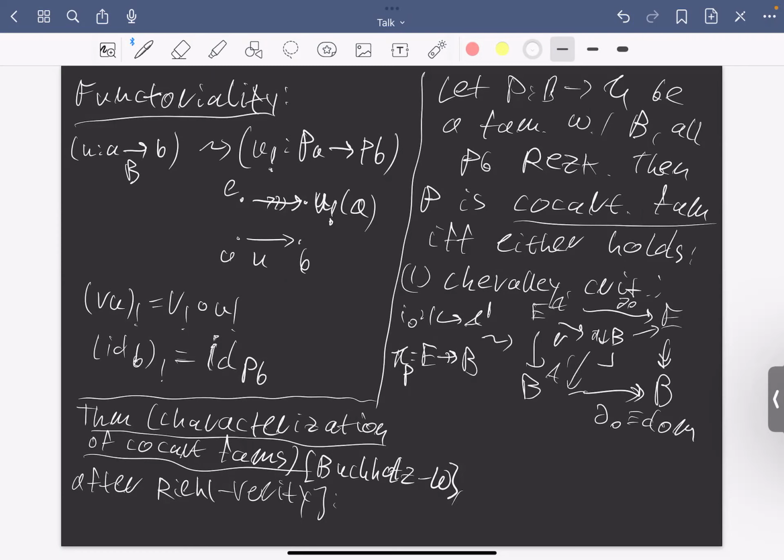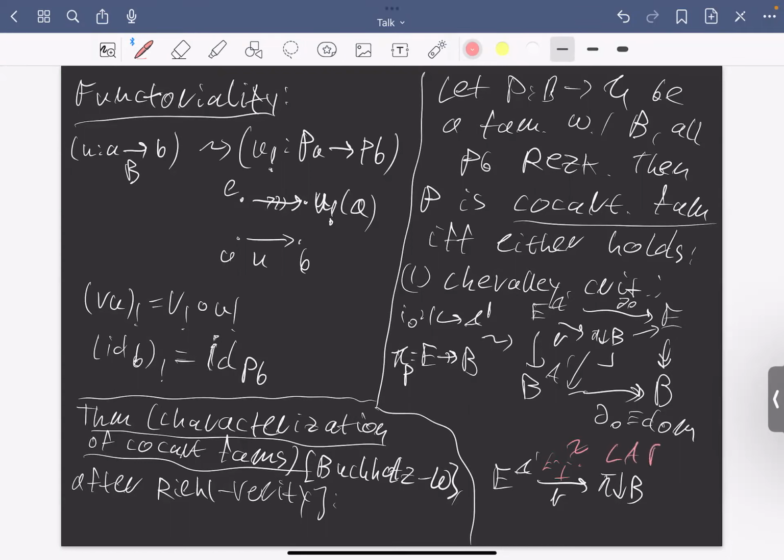So this I call R, and the condition is that if I consider R here to the pullback, then this is supposed to have a left adjoint right inverse called chi.